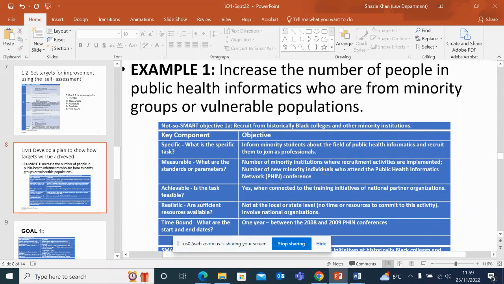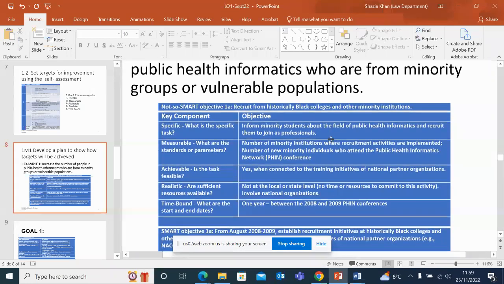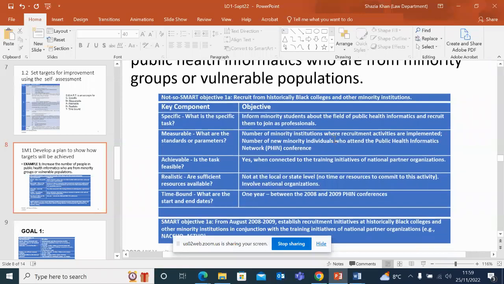So the key component here is what is the specific task. The objective here is that we inform minority students about the field of public health. These are examples for you that you can use towards doing your assignment, and recruit them to join as professionals. The measurable side of it, so what are the standards of the parameters?